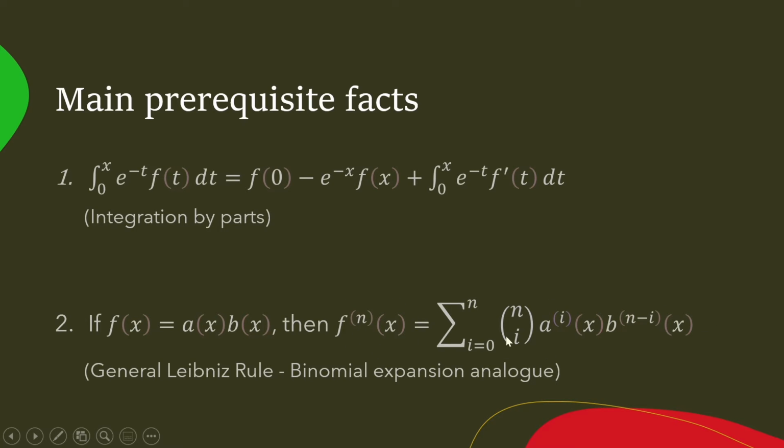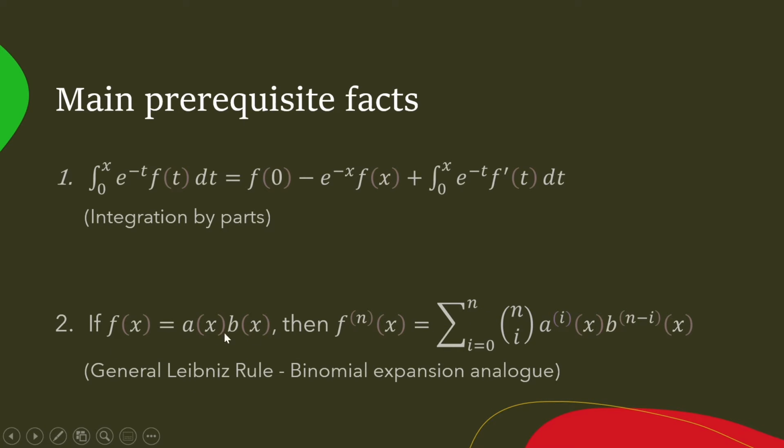The nth derivative of this product is the sum from i equals 0 to n of the coefficient n choose i, times the ith derivative of the a function times the (n minus i)th derivative of the b function, all summed together from i equals 0 to n.